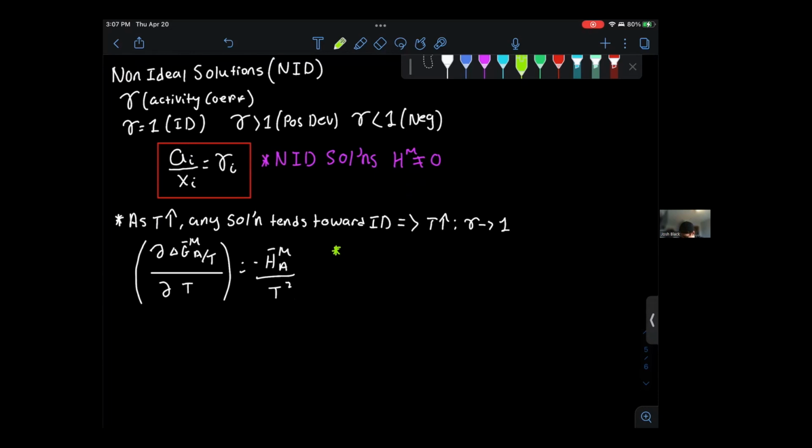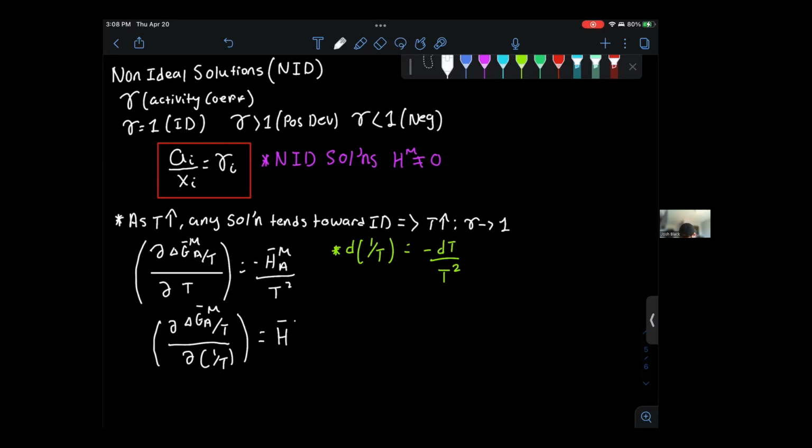We know that the derivative of 1 over T is equal to negative dT over T squared. So we can say this is the derivative with respect to 1 over T, and we equate that to the enthalpy of mixing.